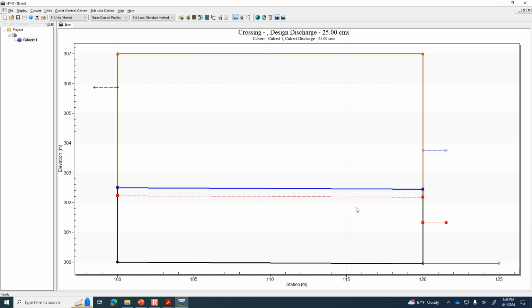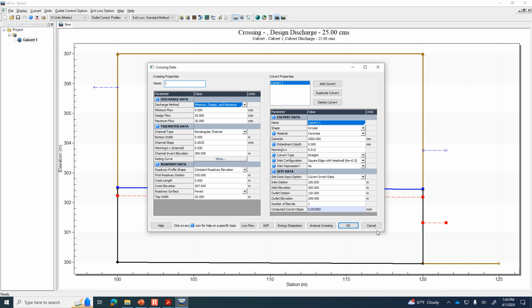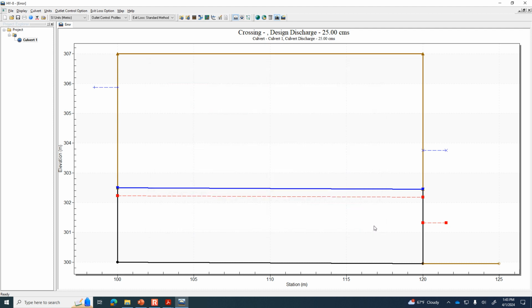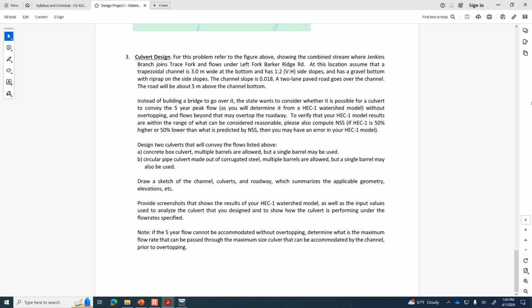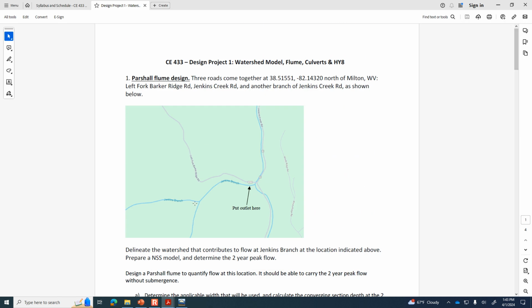You're given a threshold, the threshold being a certain amount of water that can go over the top, or a return period that's acceptable. So if they told you not the flow rates, but said, we want to convey the 2-year flow through the culvert with no overtopping, then for the location of interest, like with this assignment, you'd go to the location, put your outlet, delineate the watershed, and use NSS or HEC-1 or TR-55.